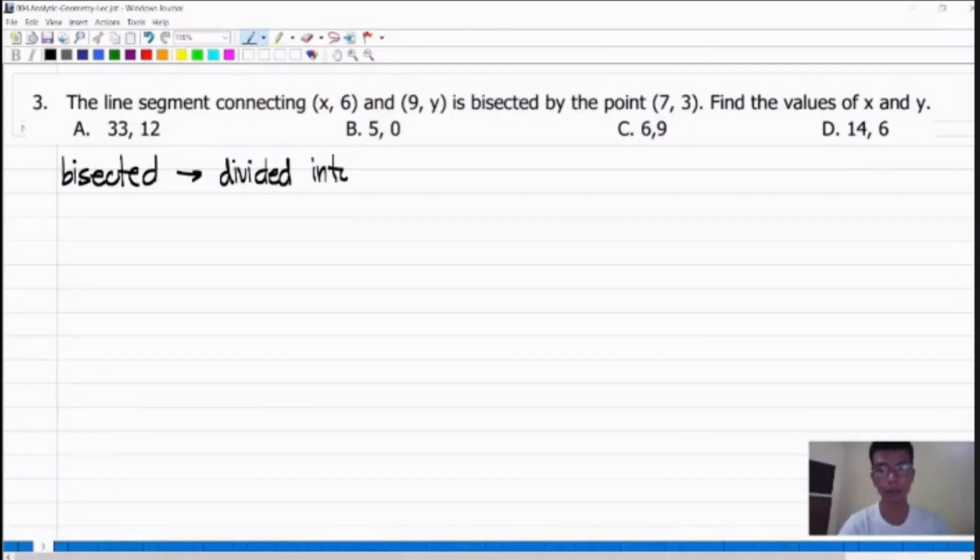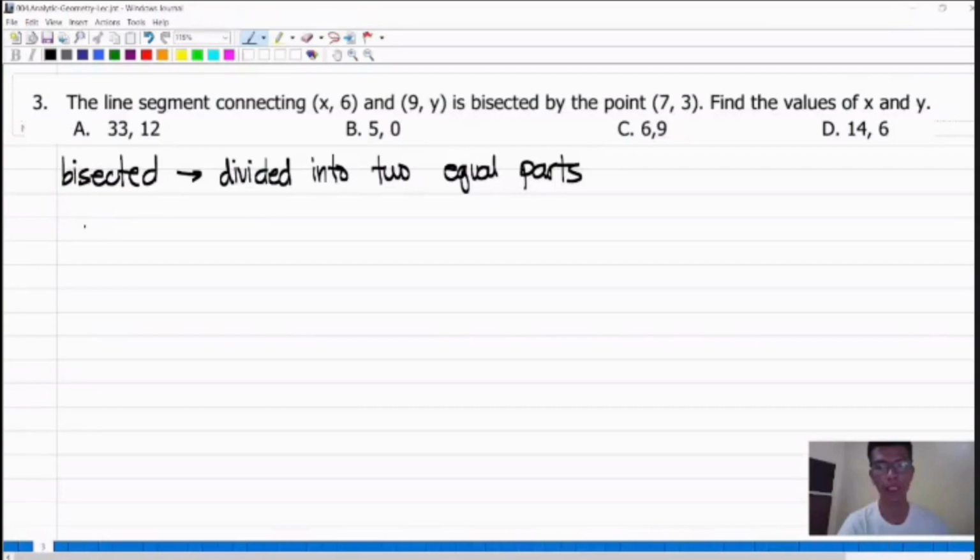So, syempre kung meron tayong line segment na hinati into two equal parts, so kung sino yung point na nag-ate, siya yung ating midpoint. Kaya meron tayong midpoint na involved dito sa ating part.